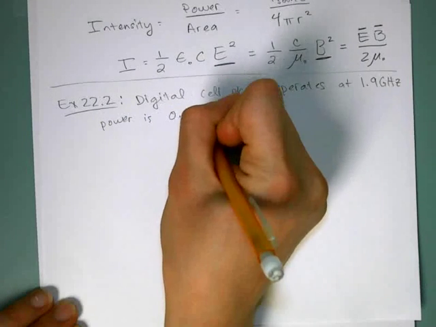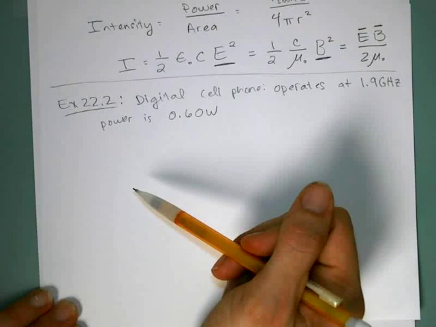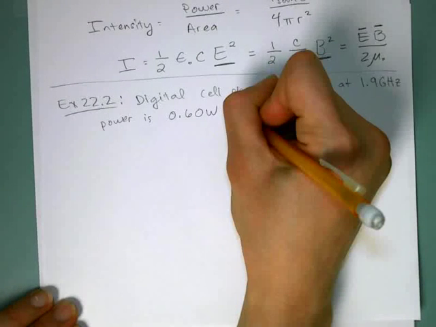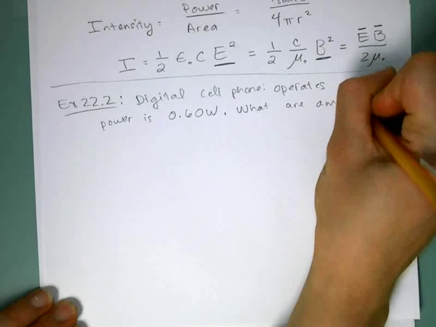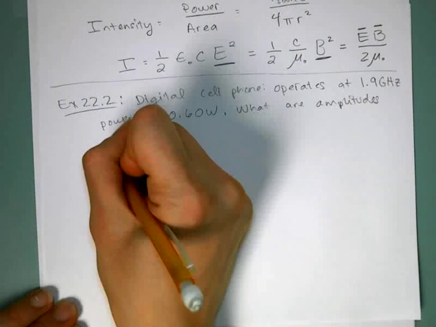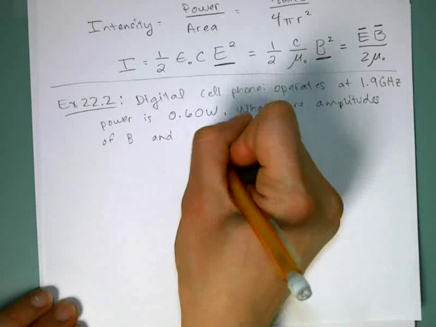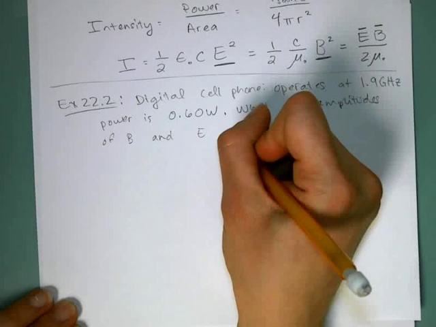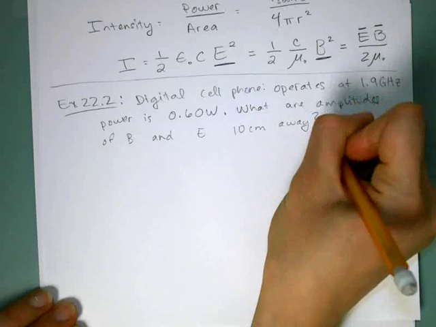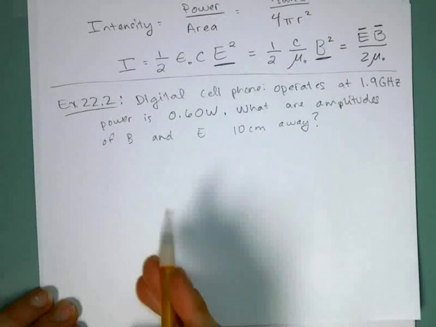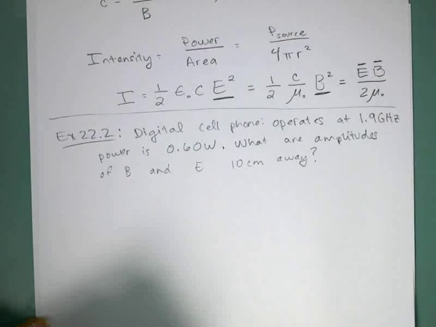That's a microwave. And the power is about 0.660 watts. So it's consuming 0.6 joules every second that it's working. And what are the amplitudes of the magnetic and electric field 10 centimeters away?